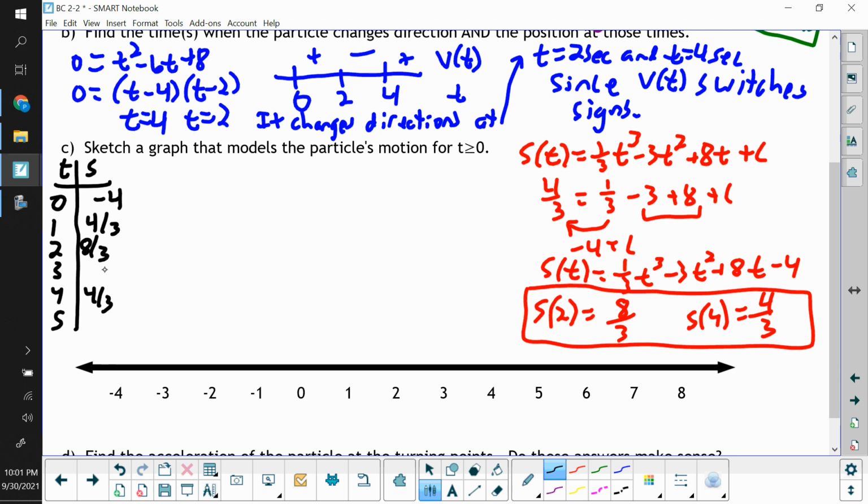So we have to sub 3 into our S of t function and 5 into our S of t function. So we'll give you a minute, see if you can sub both those in and see what you get.